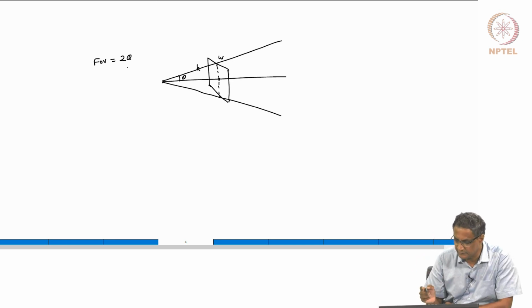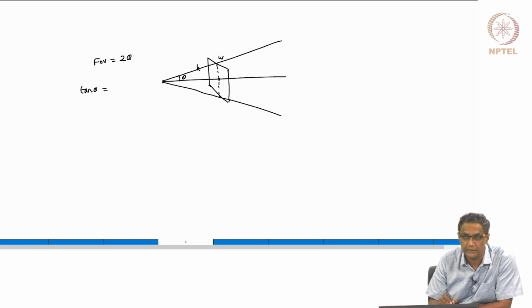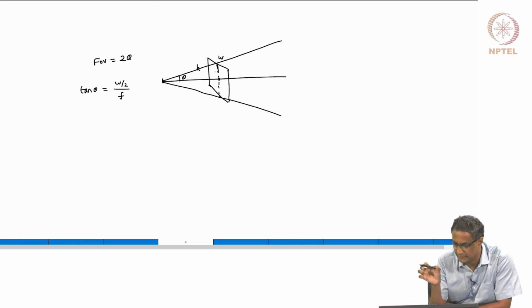And a simple thing will show that if I do tan of theta, this theta is of course half the field of view. The full field of view is 2 theta. So tan theta is h by 2, because this height, by f, because from here to here is f, from the camera center or the optical center to the image plane center, that's f.